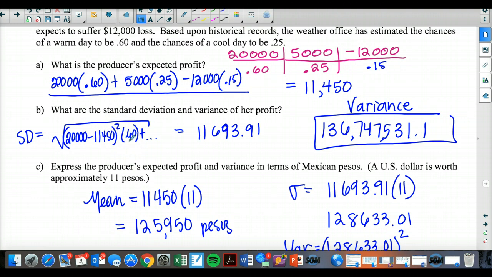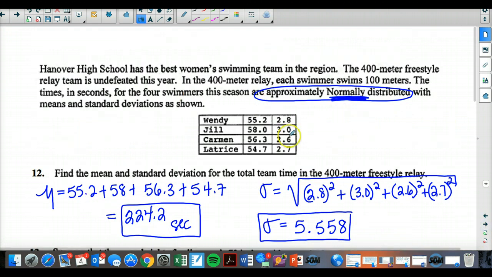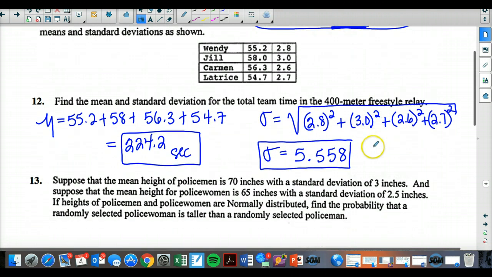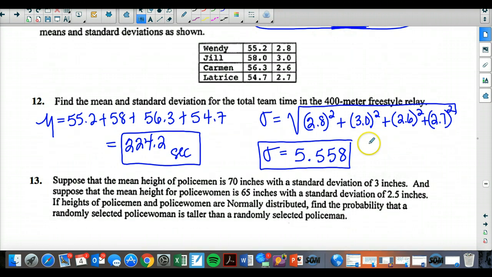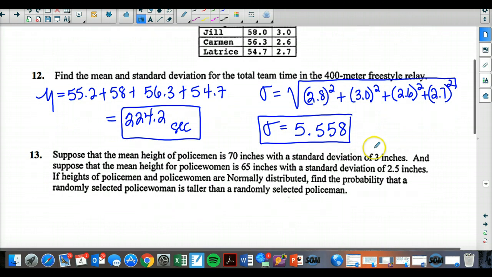This is how we calculate standard deviation for a probability distribution. There are probabilities involved. If you look at this one, there are no probabilities involved. I'm combining variables: Wendy, Jill, Carmen, and Latrice. I take each person's variance, which is standard deviation squared, add it up, and square root it. That's a good question, because I think people just said, oh.